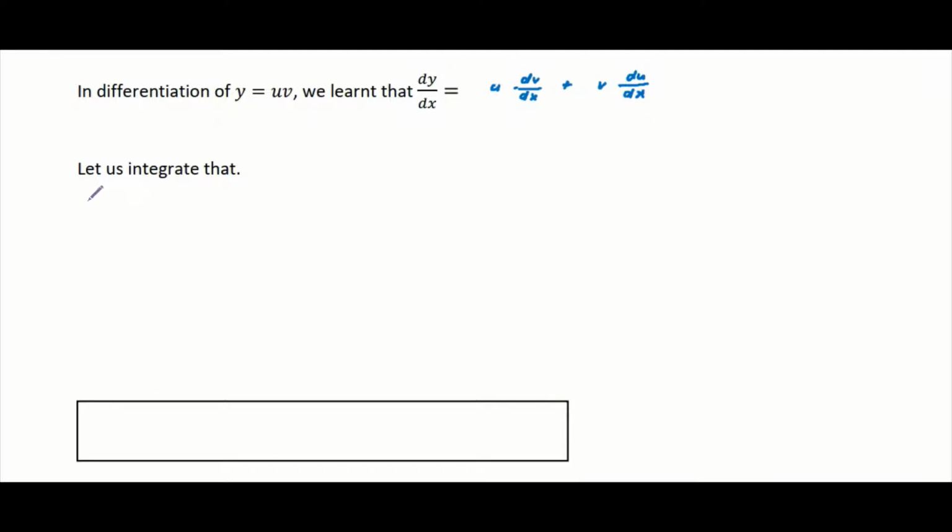When I integrate dy/dx with respect to x, it equals the integral of u dv/dx with respect to x plus the integral of v du/dx with respect to x. Meaning that I integrate both sides.